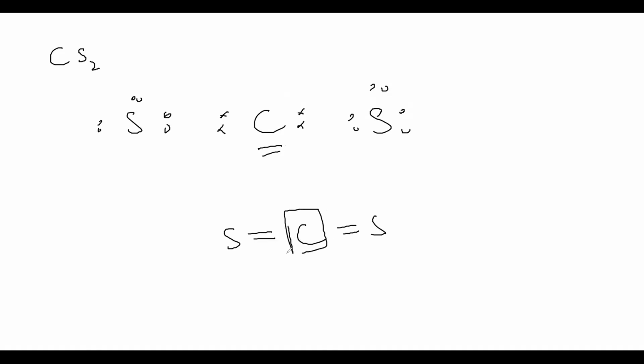This is one bond pair, this is another, so there are 2 bond pairs. In practice there are 4, but when predicting a geometry, a double bond or triple bond is considered as one bond pair, as they are in the same line. So I have 2 bond pairs and 0 lone pairs. Then the geometry is a linear structure with a bond angle of 180 degrees. Is it clear? This is predicting the geometry or shape of the molecule.